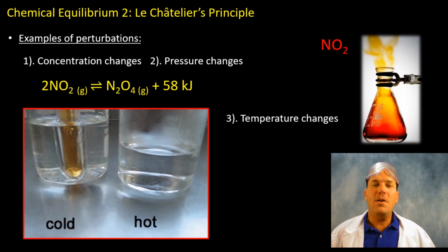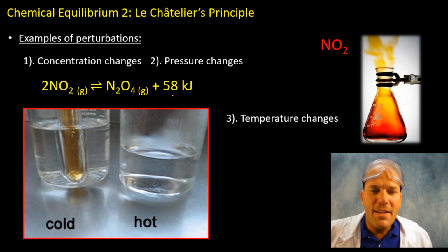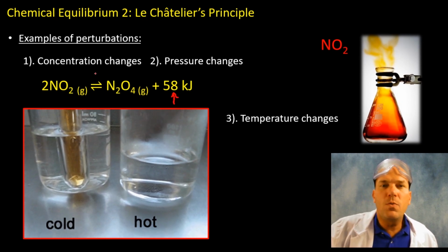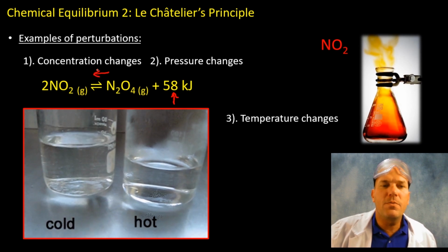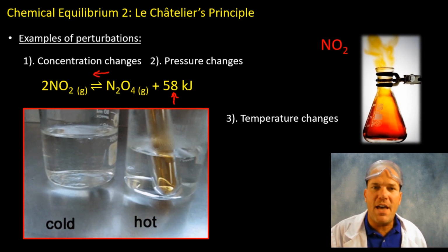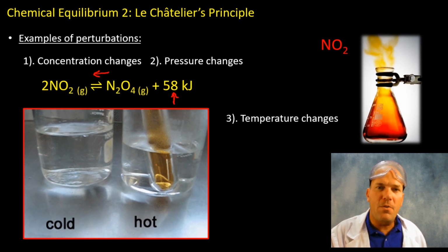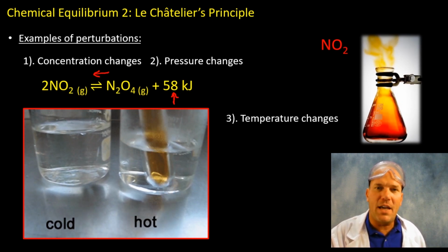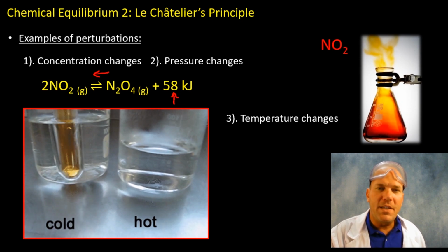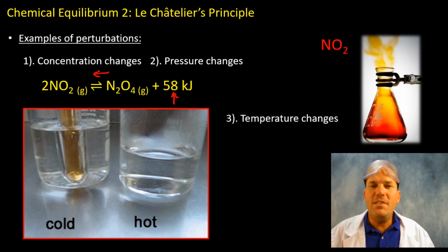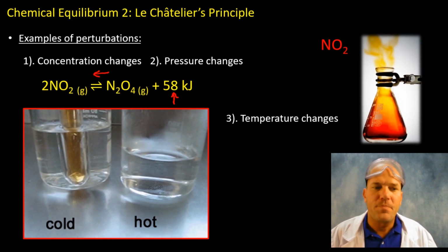Okay, so if we add heat here, the system is going to favor the reverse reaction and push back to the left. Back to the left is producing a brown-red gas, nitrogen dioxide. So we can see this occurring. Now, let's look at the video.